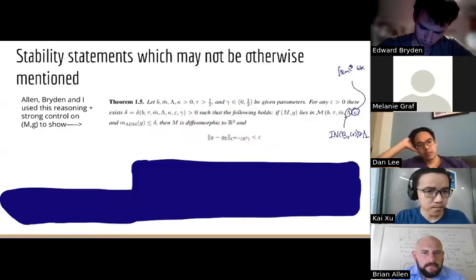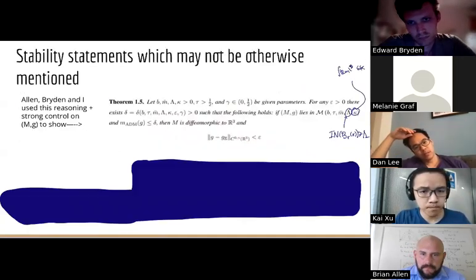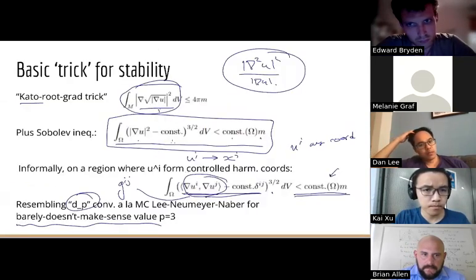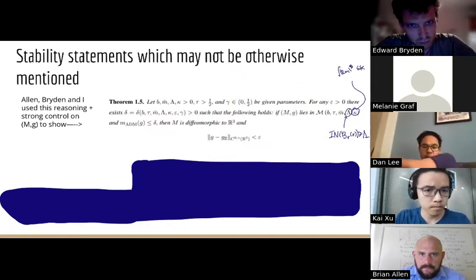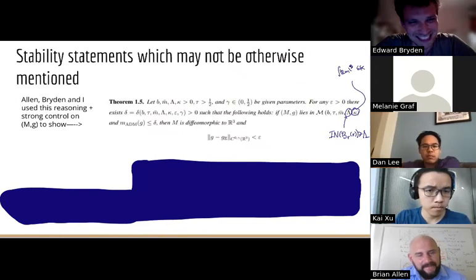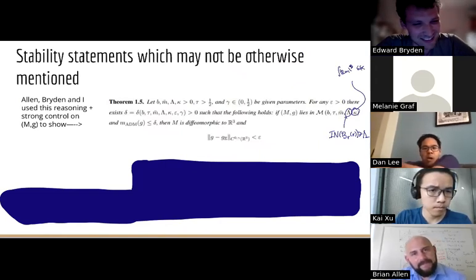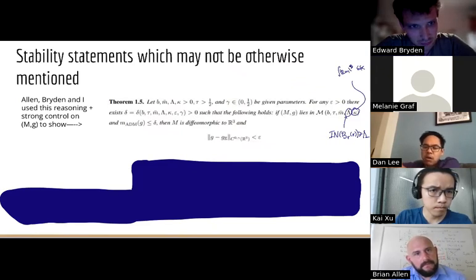Just to mention some things that maybe won't appear later in this workshop. That reasoning I just talked about was the impetus behind a paper that Brian Allen, Edward Bryden and I did last year, where we assumed a lot more in order to take that kind of L^{3/2} or L^3 control and turn it into an actual theorem.